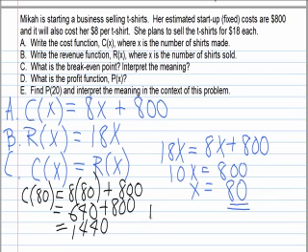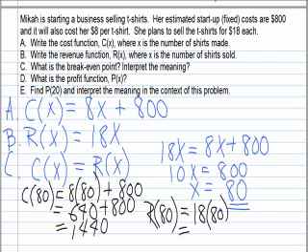What's her revenue if she sells those 80 shirts? Well, her revenue is $18 times each of those 80 shirts. If you do that arithmetic, it's exactly the same, $1,440.